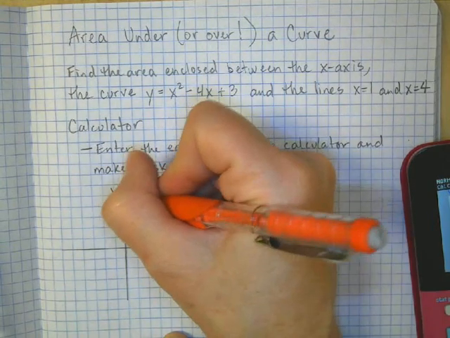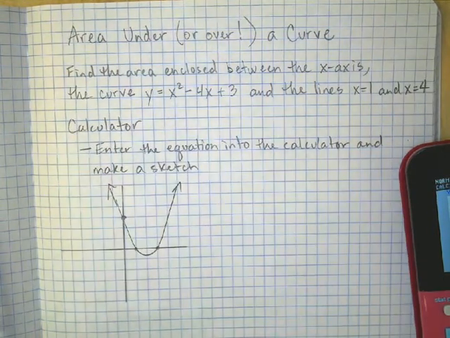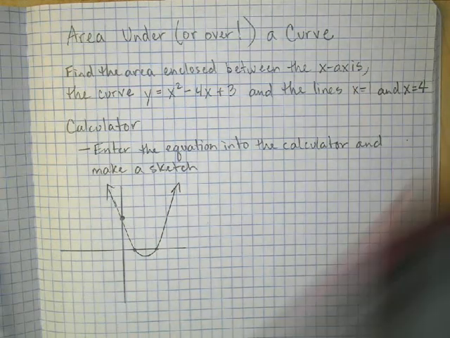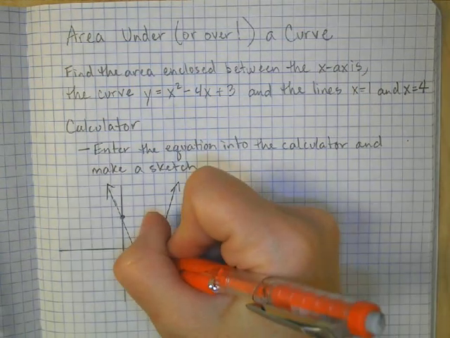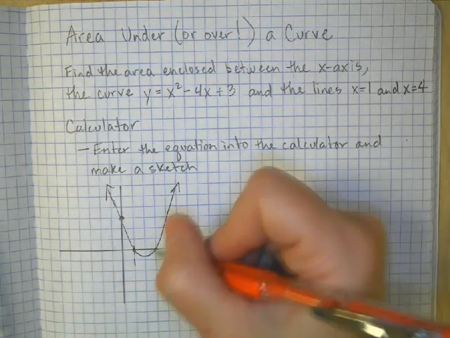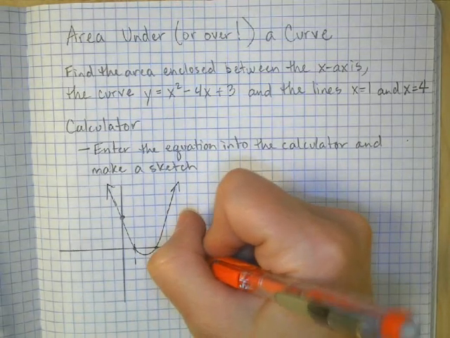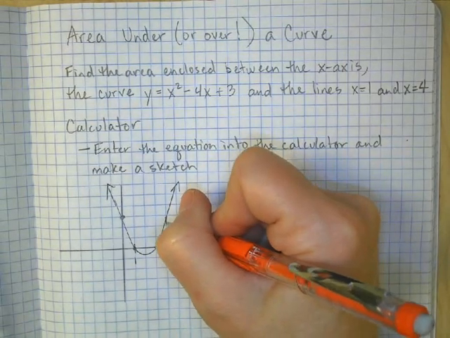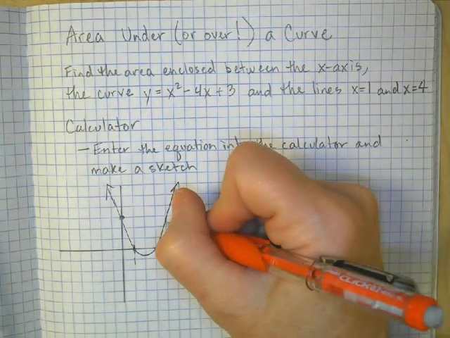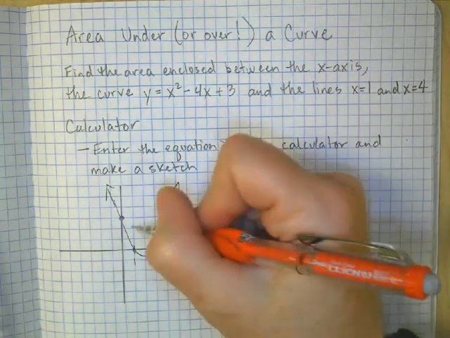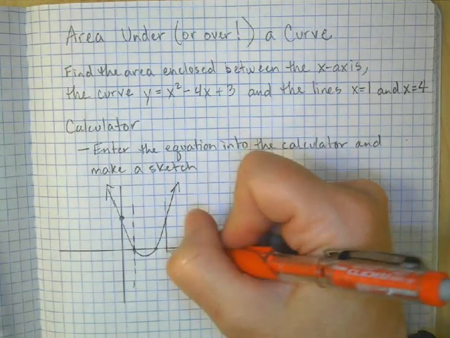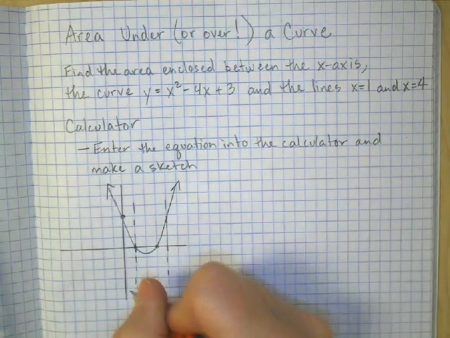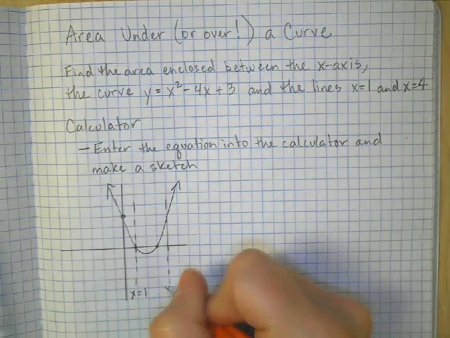There it is. And I'm interested in finding the area enclosed between the x-axis and the curve between the lines x is 1, so here's 1, and x is 4. So 1, 2, 3, 4. So from here to here. So I'm going to shade this in. Anywhere between the curve and the x-axis, here's my x equals 1, here is my x equals 4.